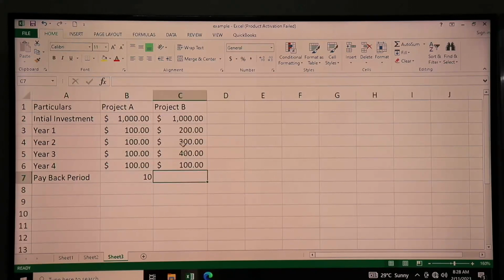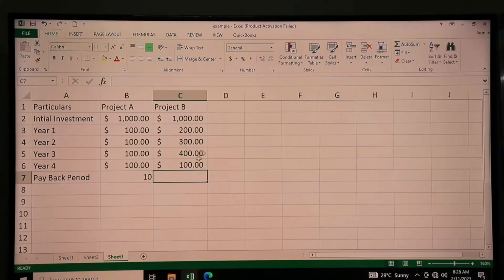So what about project B? Project B is paying at different rates. Sometimes it pays less, it pays more, pays less. So what you need to know is how much the project has paid. So we will just sum.